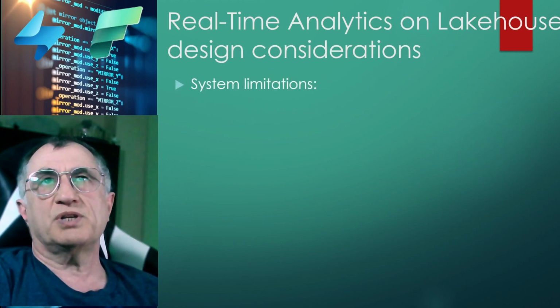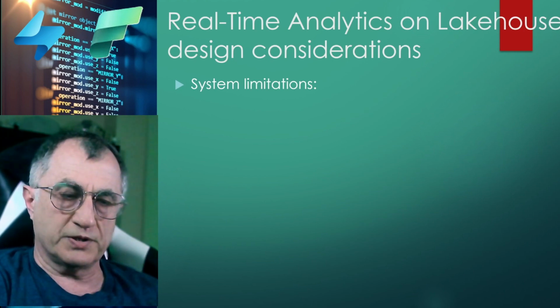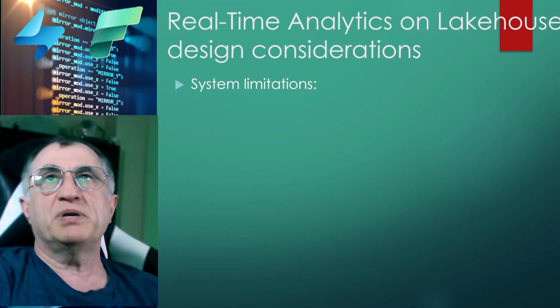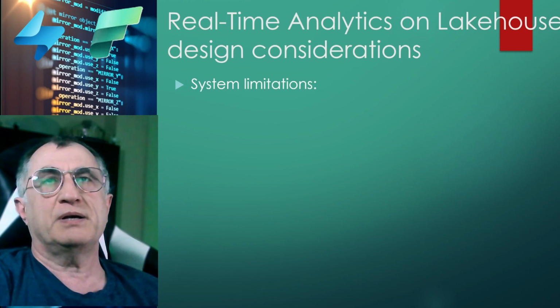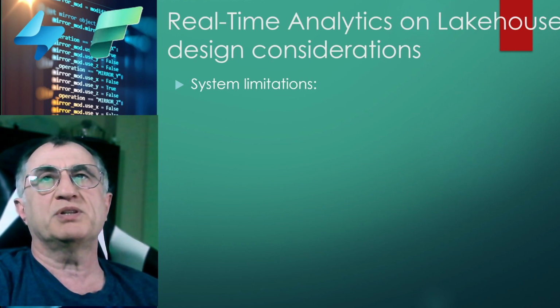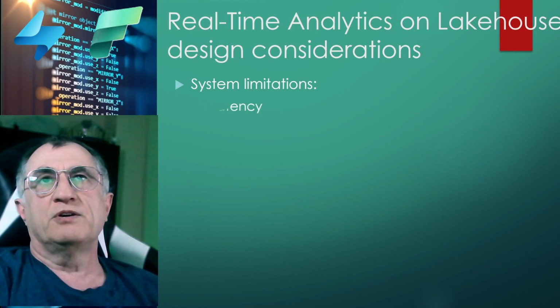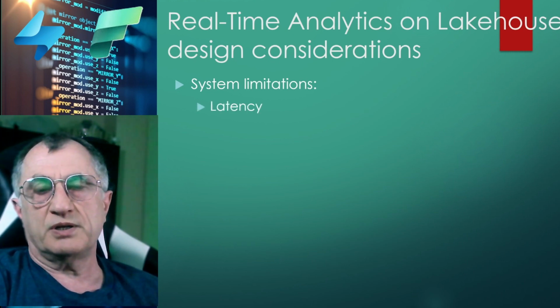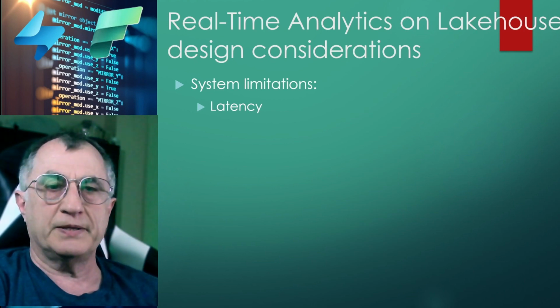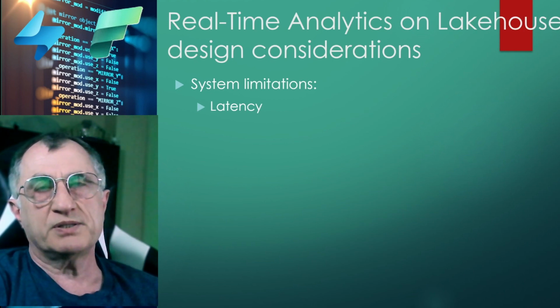So let's talk about some important design considerations. When building a real-time analytics system, there are some system limitations that you need to take into consideration. First of all, you need to ensure that latency is low and satisfies your business needs.